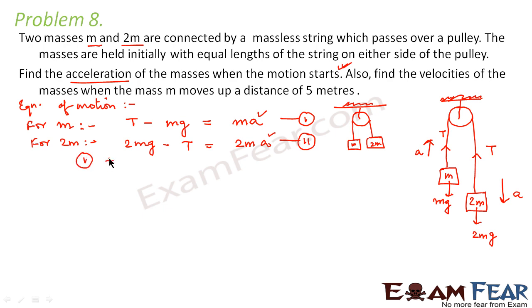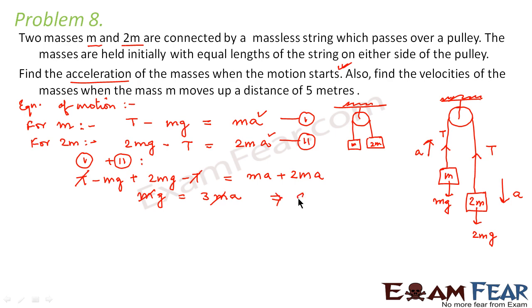So we add up the two equations. We get T minus mg plus 2mg minus T is equal to ma plus 2ma. This T gets cancelled. So mg is equal to 3ma. m gets cancelled, so we get a is equal to g by 3.